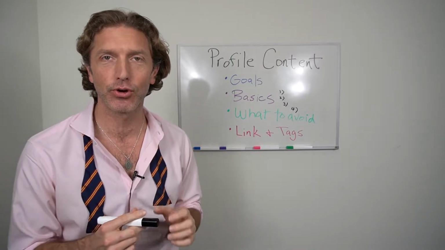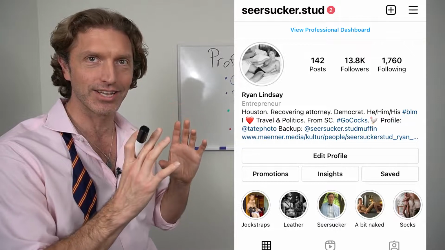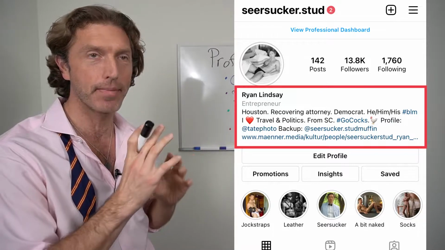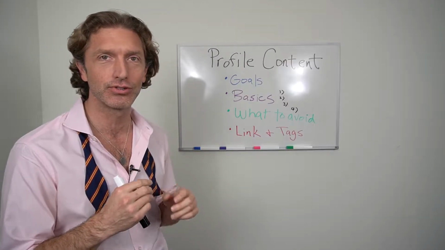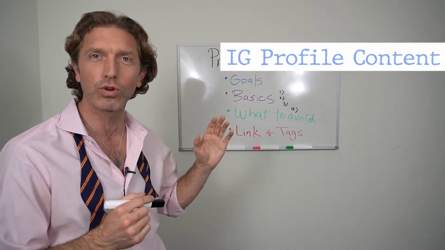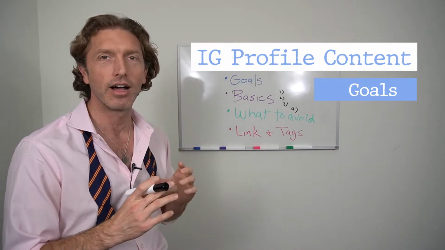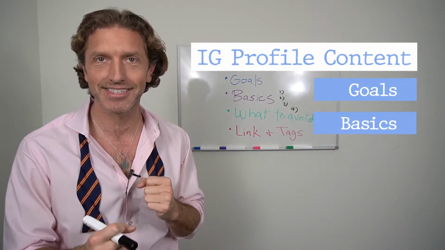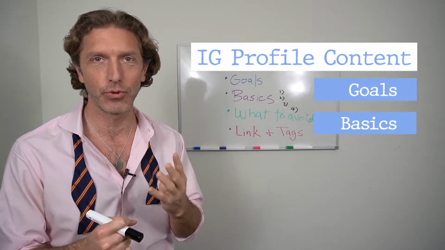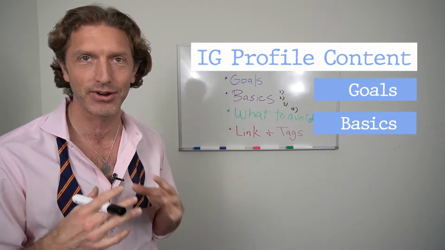So today's episode on profile content, or that writing that's up at the top of your Thirst Trap page, I'm going to divide it up into 4 different areas. We're going to talk about your goals, or what you're trying to accomplish up there in your profile content. We're going to go over the basics of what to include. I've got 4 things, 1, 2, 3, 4, to help me out so I don't forget one.